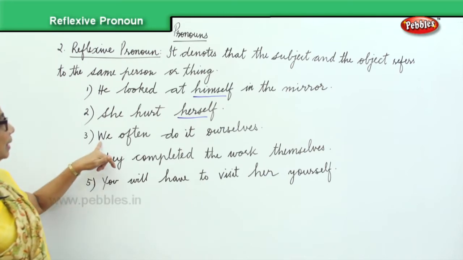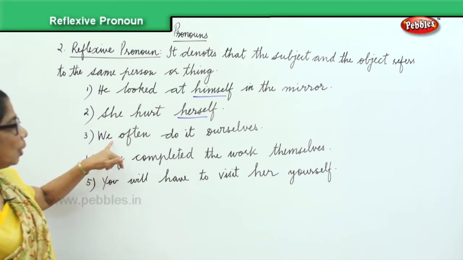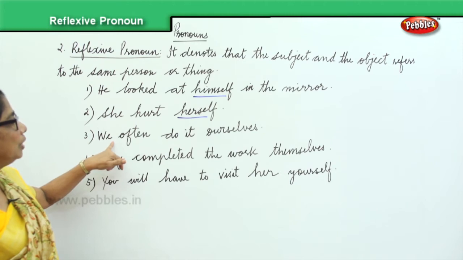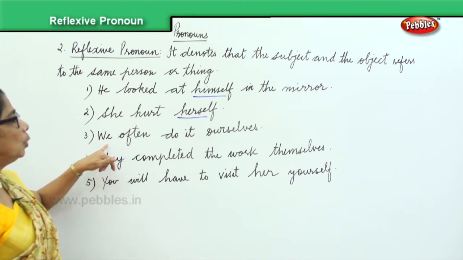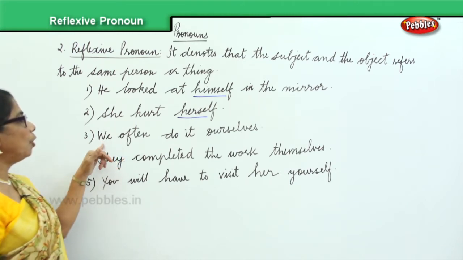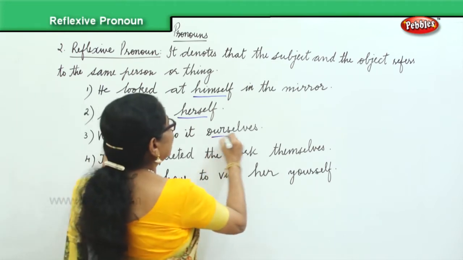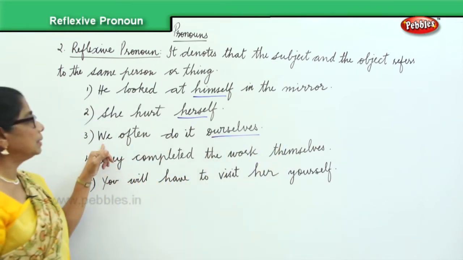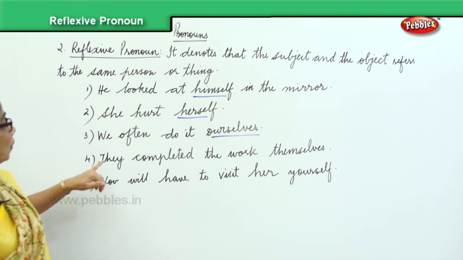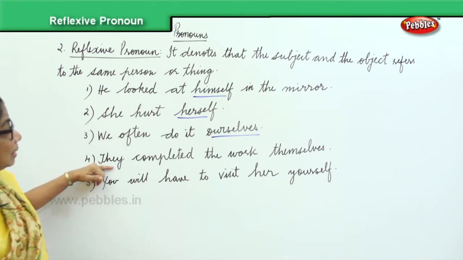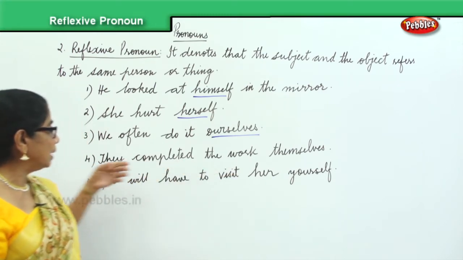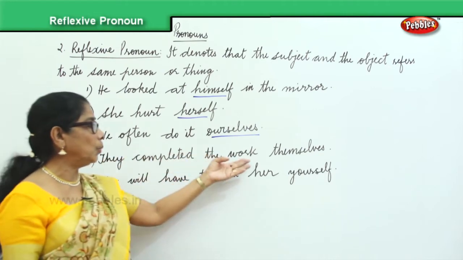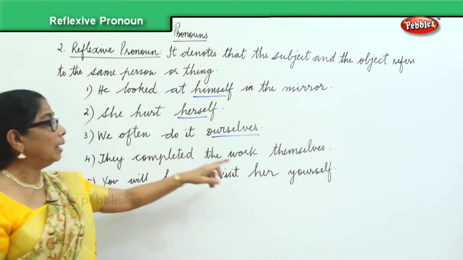In the third sentence, we often do it ourselves. So we do the work ourselves. What do we do often? We do all our work ourselves. So ourselves is the reflexive pronoun. And here they completed the work themselves. They completed the work.